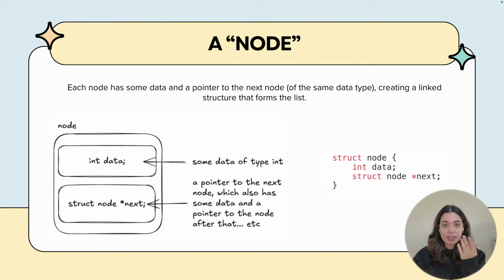You can really have anything, and you can have any combination of things. So a linked list node doesn't strictly need to contain just an integer, and you'll see this a lot in assignment 2, for example. And then, like I mentioned earlier, we have this struct node pointer next, which is a pointer to the next node in the list, and this is critical for a linked list.